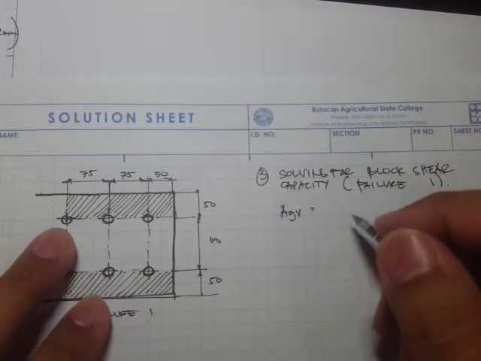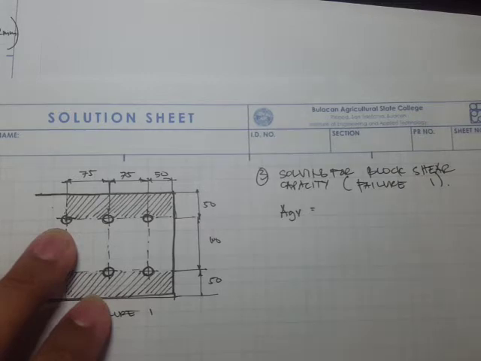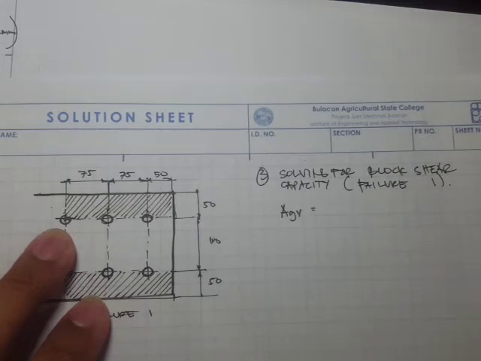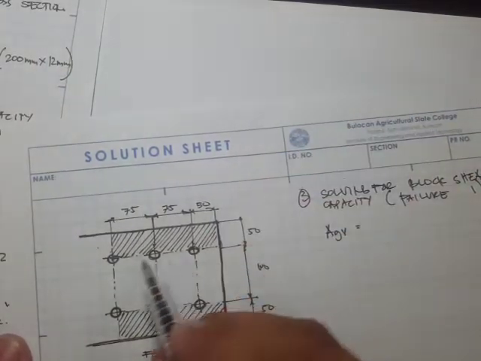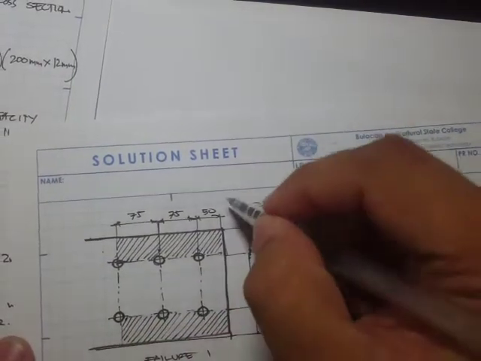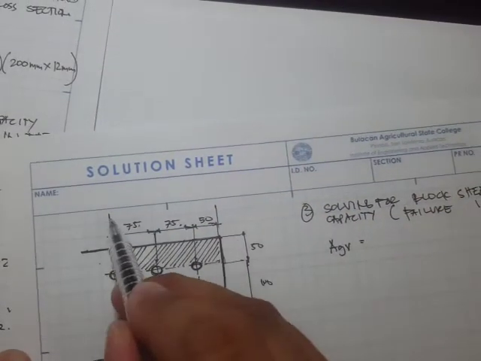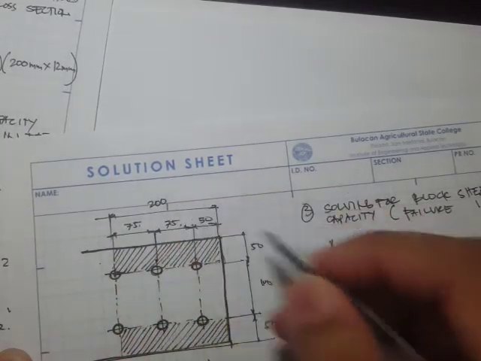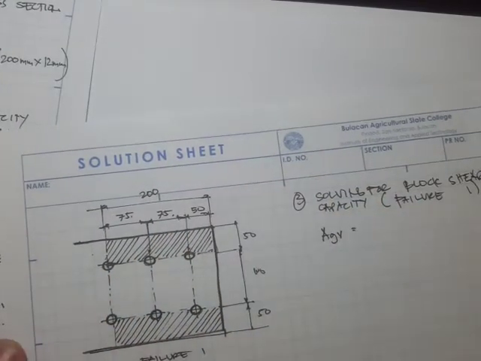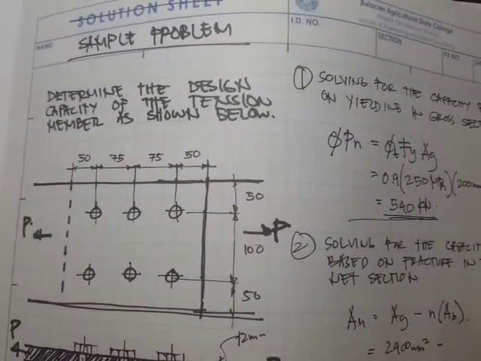Let's solve first for the gross area. Okay, so we have this length. What is this length? That's going to be 50 plus 75 plus 75, and this will be 200. And our thickness is 12 mm.